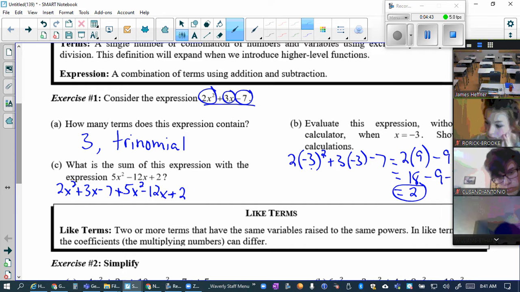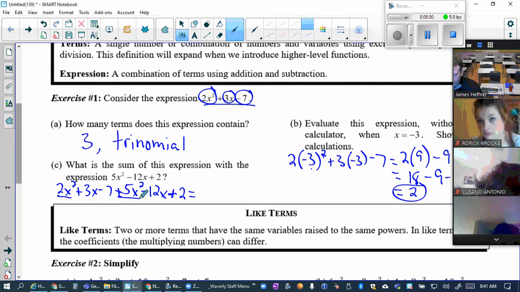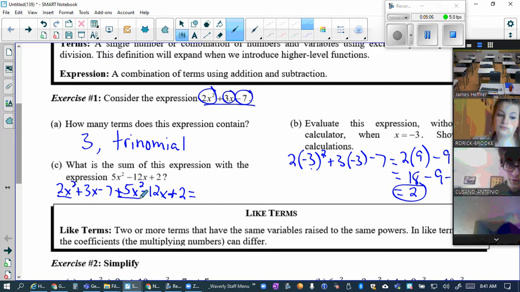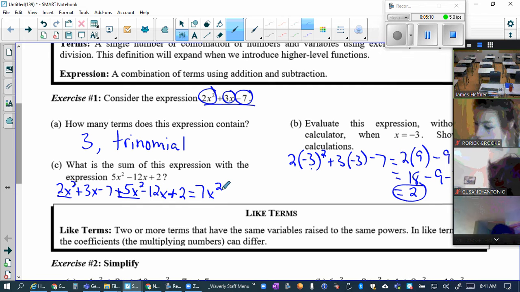And now we combine like terms. We know what like terms are, right? They're terms with the same variable and the same exponent. So let's start with 2x squared plus 5x squared. And by the way, the sign in front of the term goes with it. So how many x squareds do we have? We have 7, so 7x squared. Now let's go to the x terms.